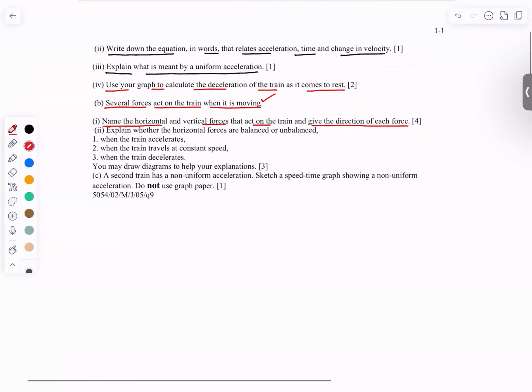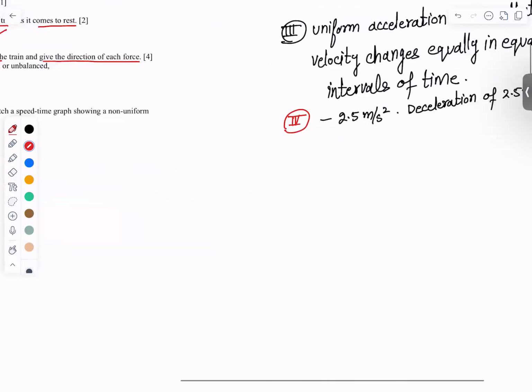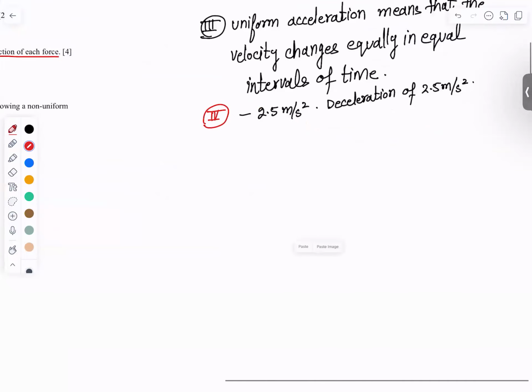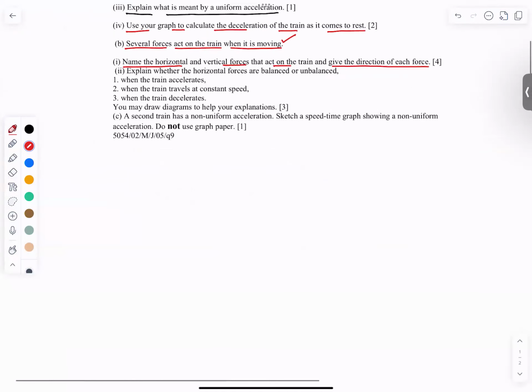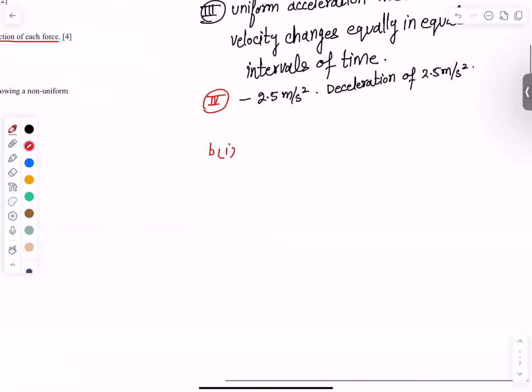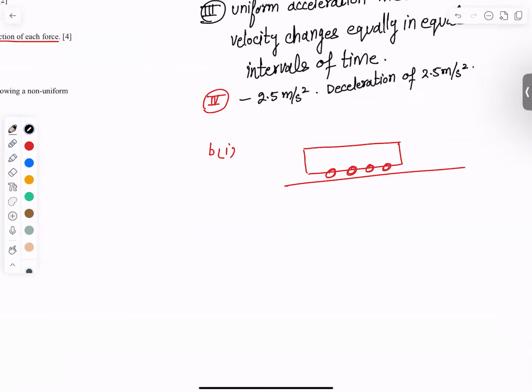So B part 1: name the horizontal and the vertical forces which are acting on the train. Label the horizontal and the vertical forces. The horizontal force on the train, first of all, in the direction of motion, is the driving force.